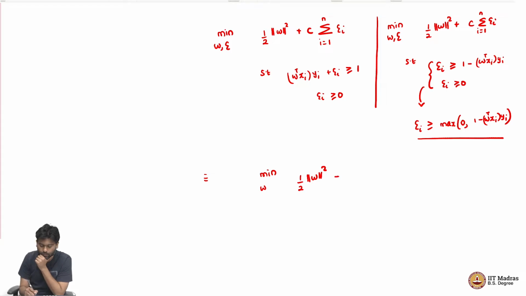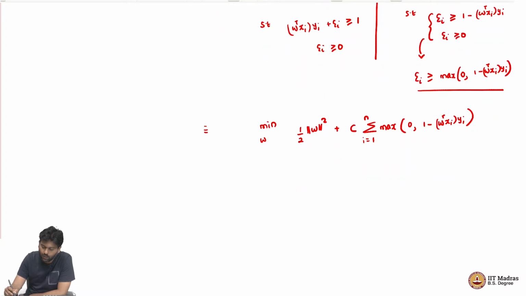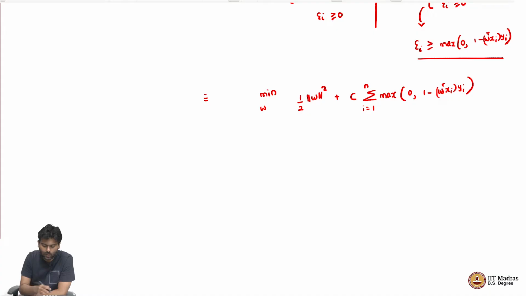So this can be written as C times the sum over i equals 1 to n. At optimality, psi i is exactly the maximum of 0 and 1 minus W transpose xi yi, which means I can directly write this as max of 0 comma 1 minus W transpose xi yi.